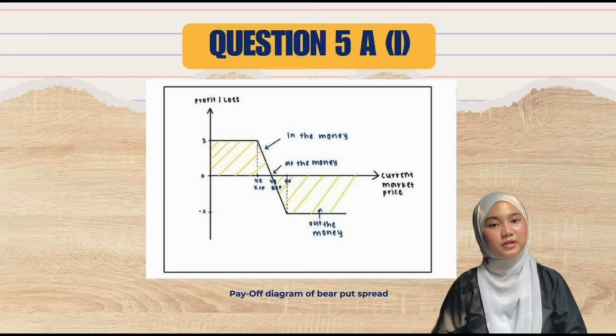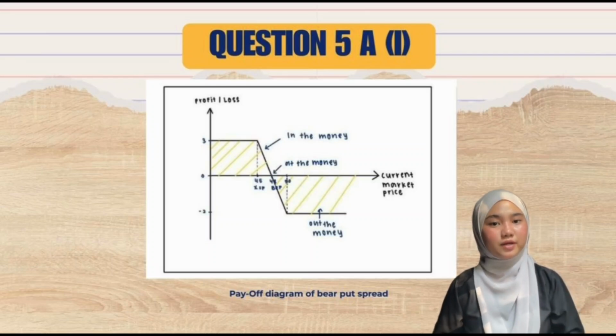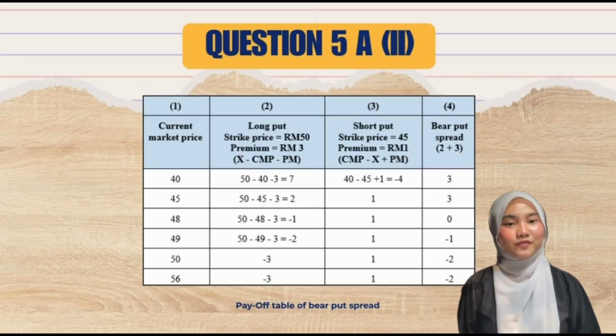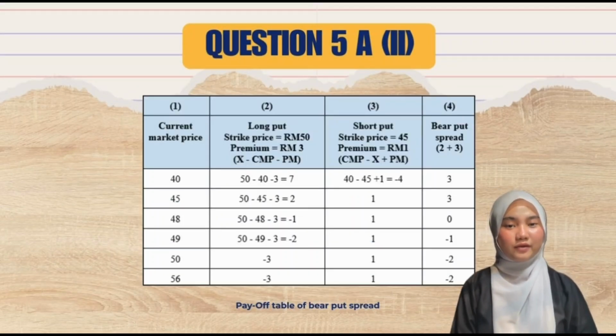Looking at the diagram, if the stock stays above RM50, the investor loses RM2. If it drops below RM48, they start making money, peaking at the maximum profit of RM3 at RM45. For the payoff table at RM40 and RM45, both options are active.